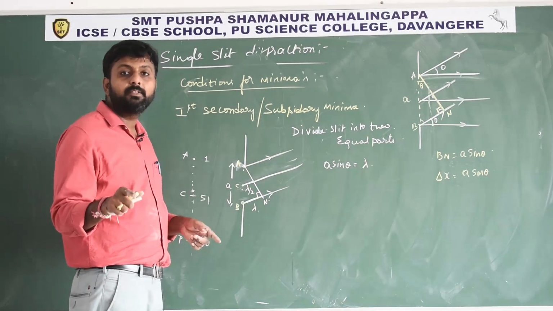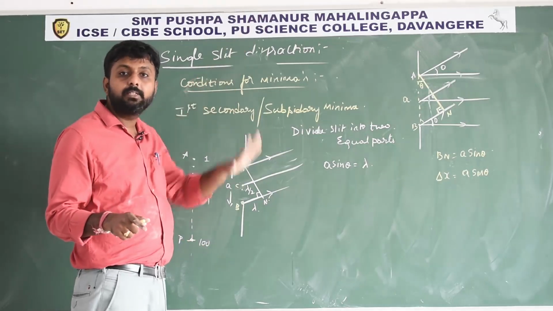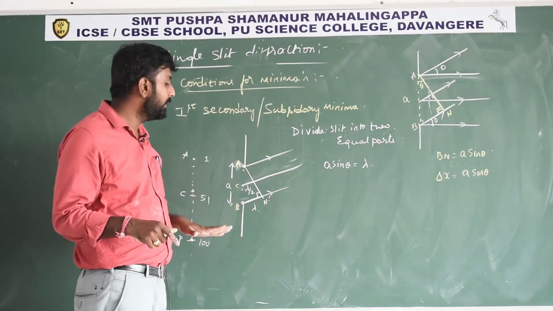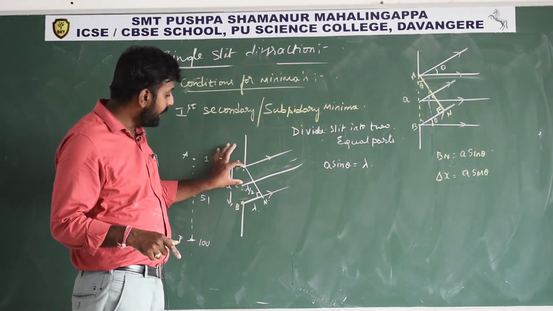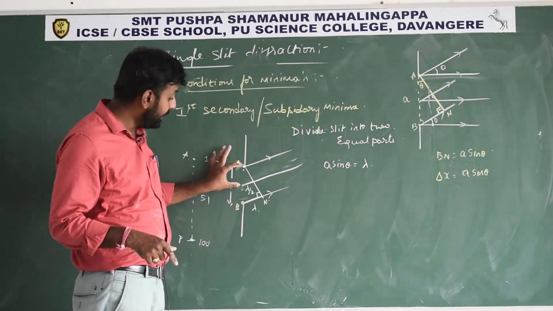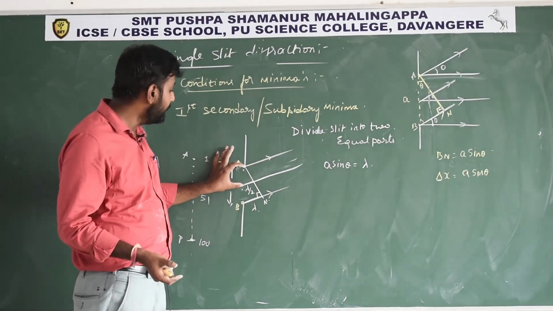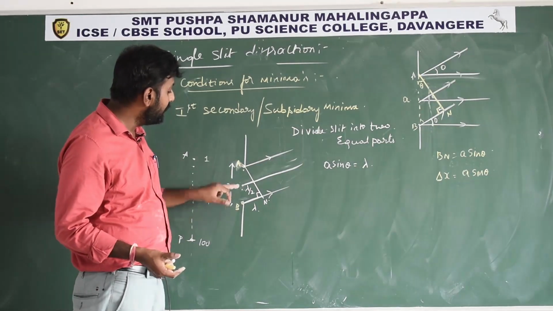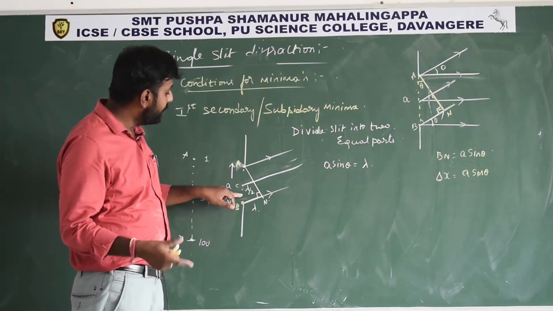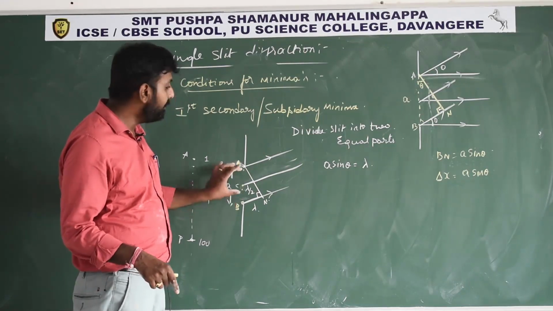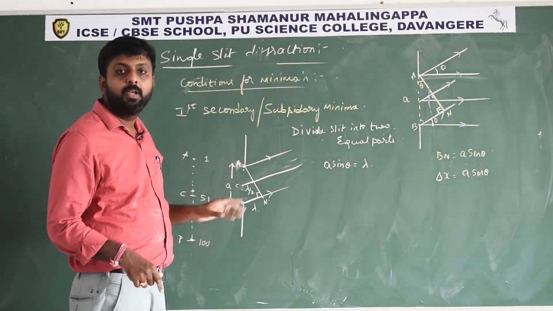Lambda by 2 path difference means definitely a dark fringe will form, isn't it? Any point you consider in the upper half, you will get a corresponding point in the lower half, and between them the path difference becomes lambda by 2.